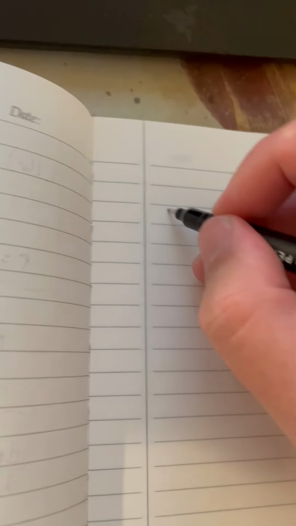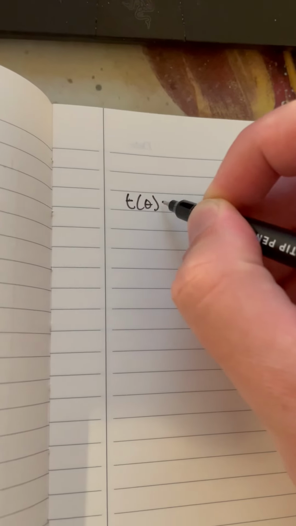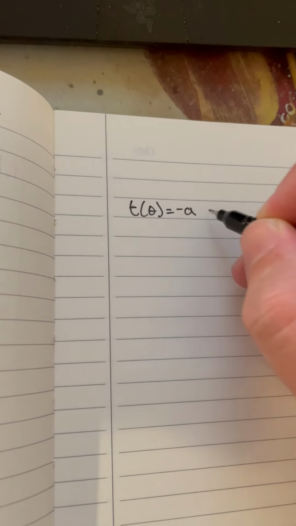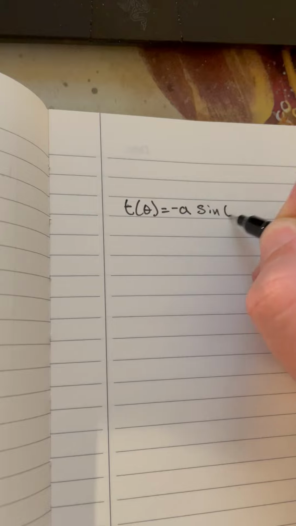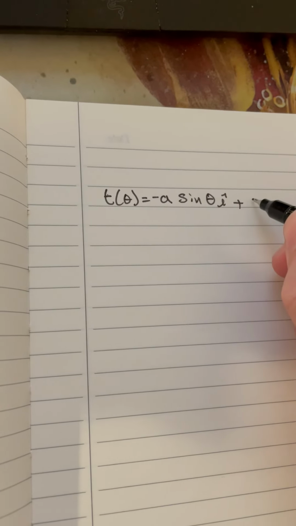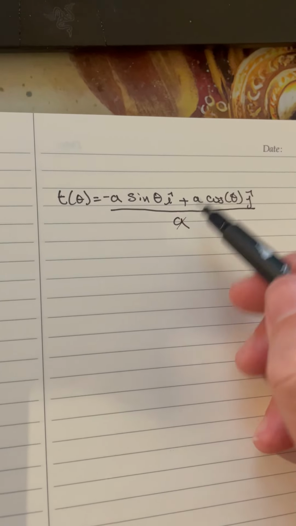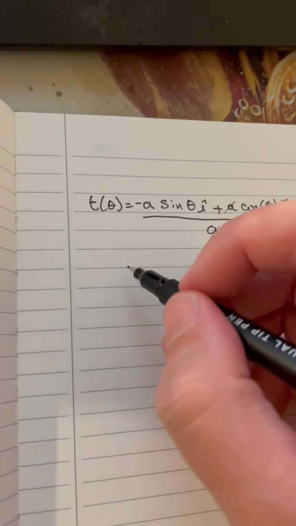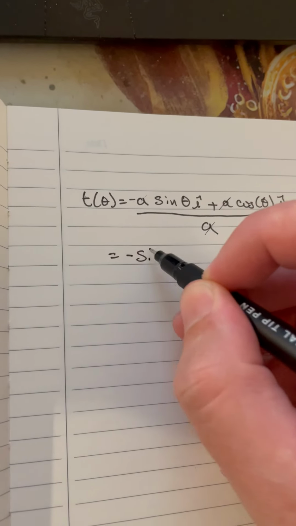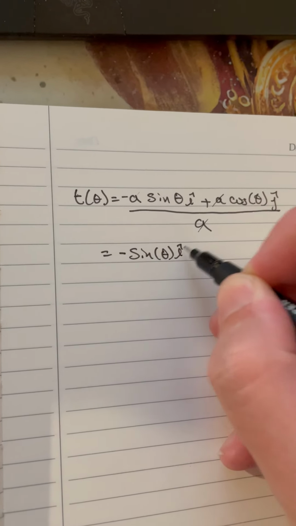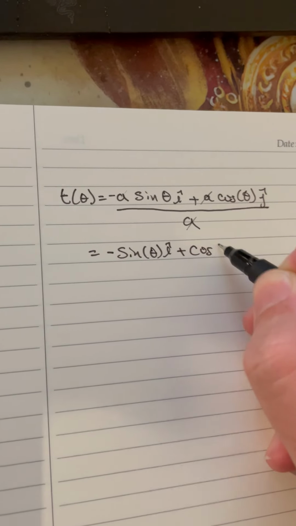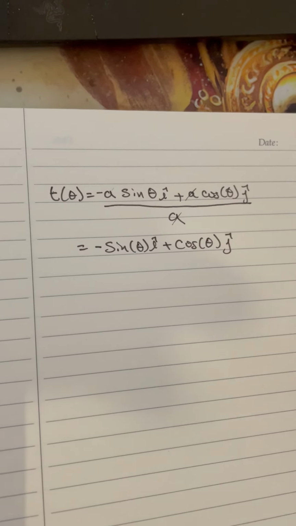Let me rewrite it though. T of theta is equal to negative a sine theta i plus a cosine theta j all over a. Notice that the a's all cancel. So what we're really left with is negative sine theta i plus cosine theta j.